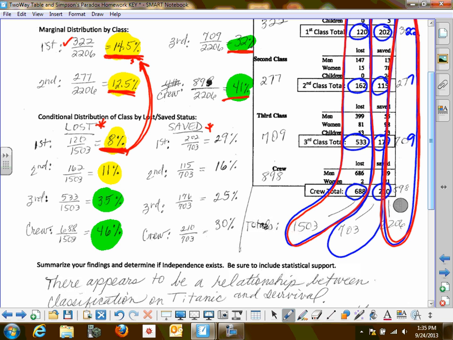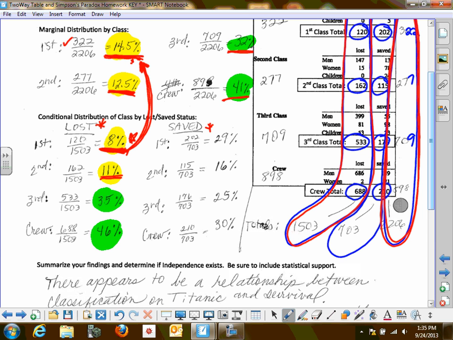Because here's the thing. If people were dying at the same rate, then this number would be the same as their rate on the ship. 14.5% would have died because there's 14.5% first class people on the ship. Okay? Alright. So then of course I'm comparing this 11% to 12.5%. All right.